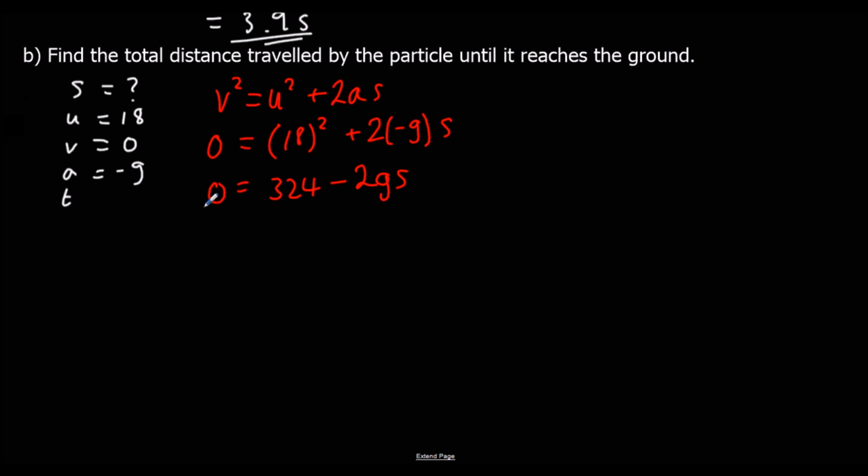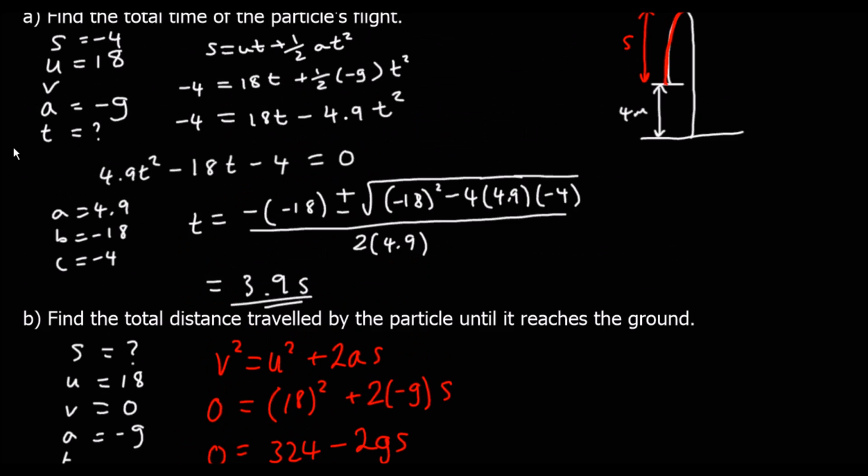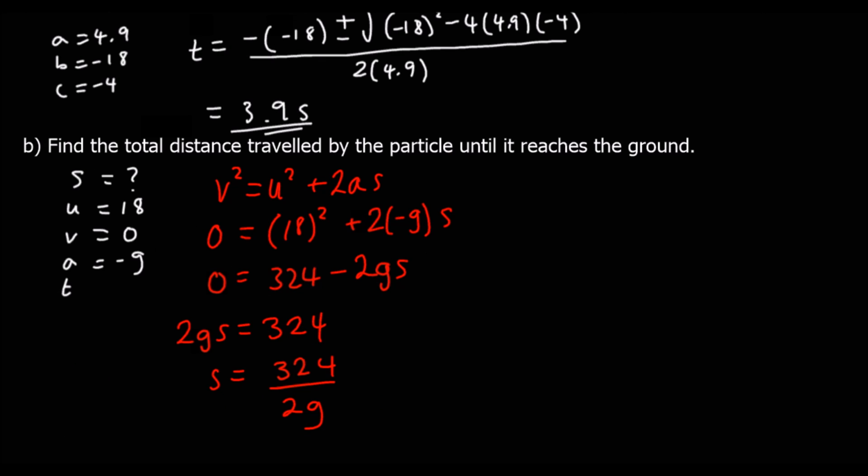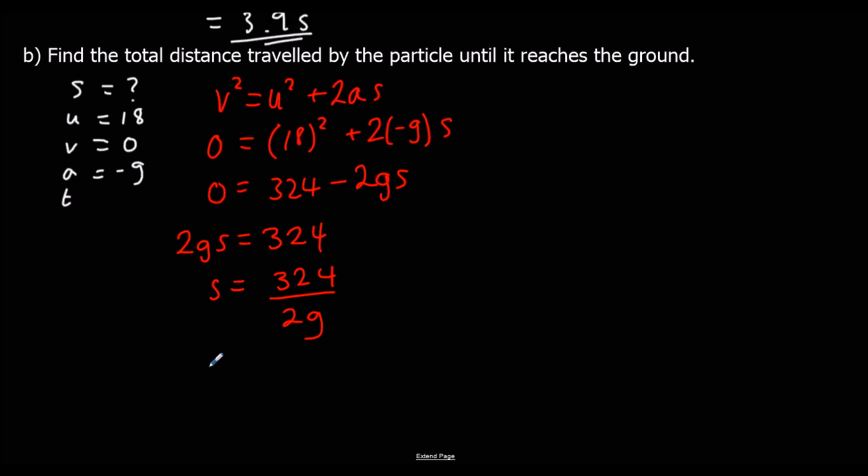So 2gs equals 324. So s equals 324 over 2g. That's s. We're going to double it and then plus 4. So we're going to times our answer by 2, then plus 4. So 2 s's plus 4. And that gives us, to 2 significant figures, 37 meters.